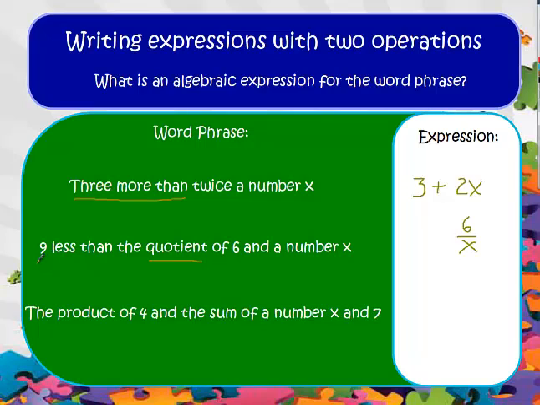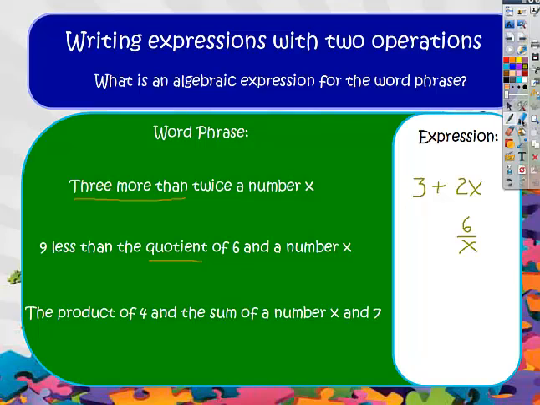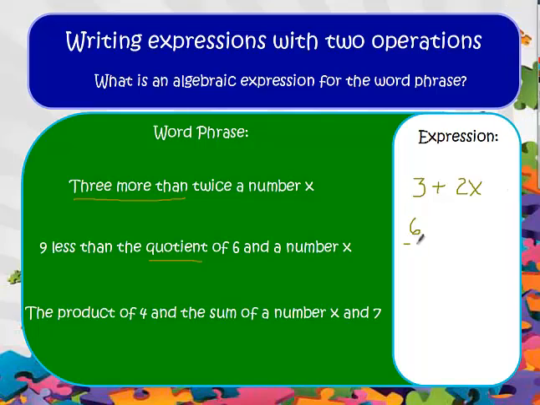Now this says 9 less than the quotient of this. This is where it gets a little tricky. If I already have this and I want 9 less than that, then I have to subtract 9 from this. Here's my quotient, and now I have to do 9 less, so minus 9. This tells me I have 9 less than the quotient of 6 and a number x.